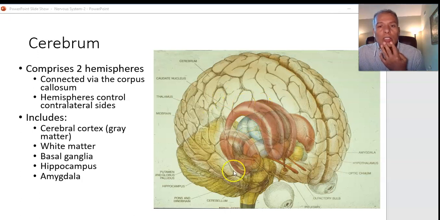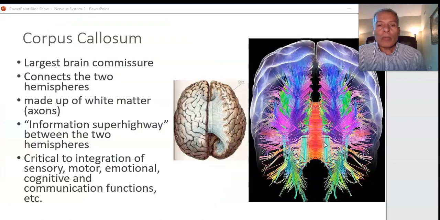And the cerebrum has these structures. First, it consists of two hemispheres, right hemisphere, left hemisphere. And between the two hemispheres, there is a structure that connects them here. This is the white matter, by the way, all the fibers, axons of neurons.